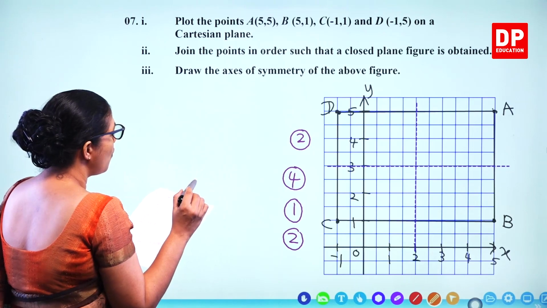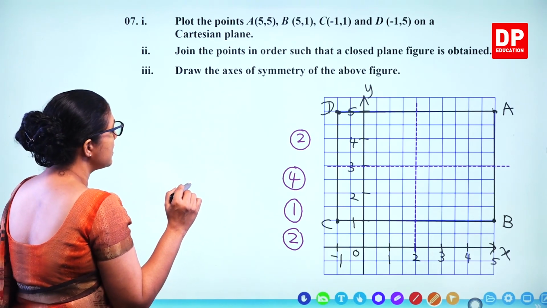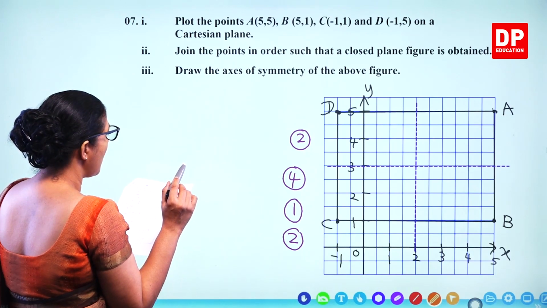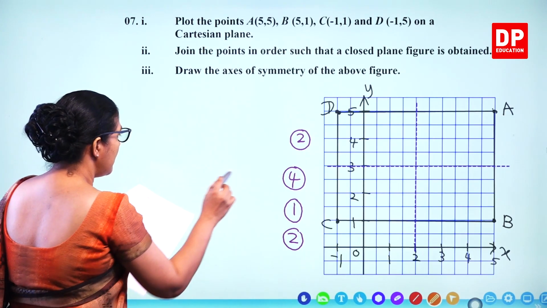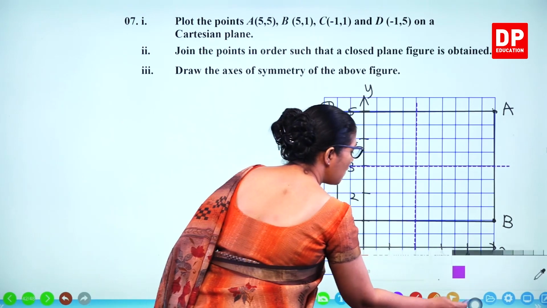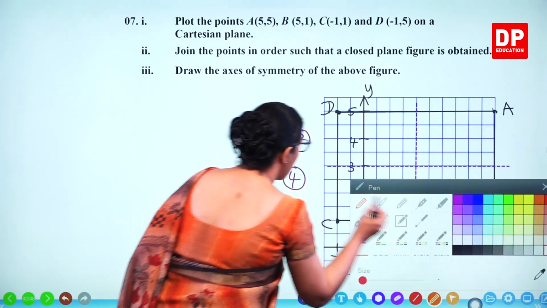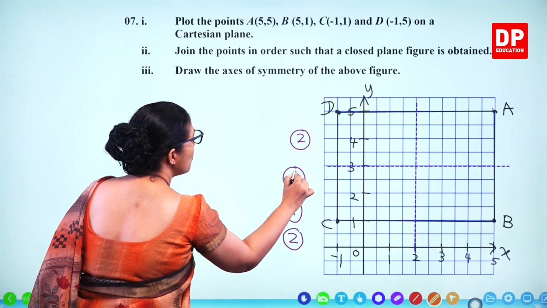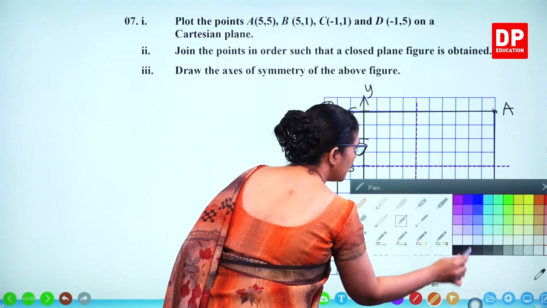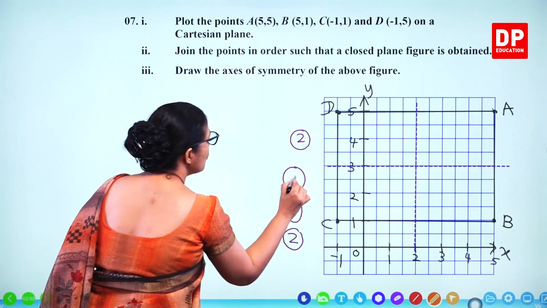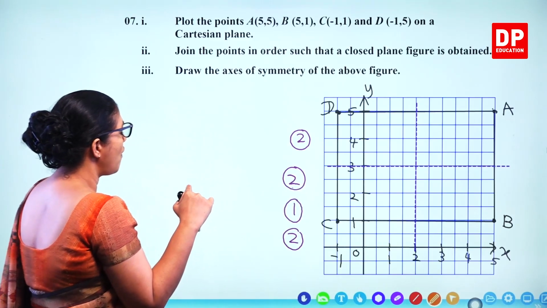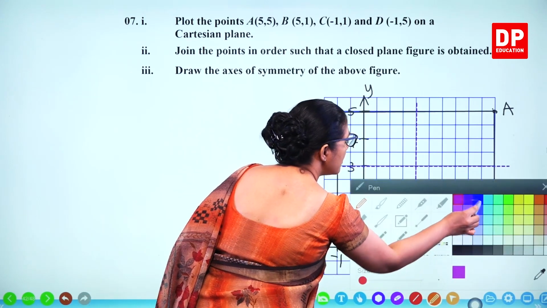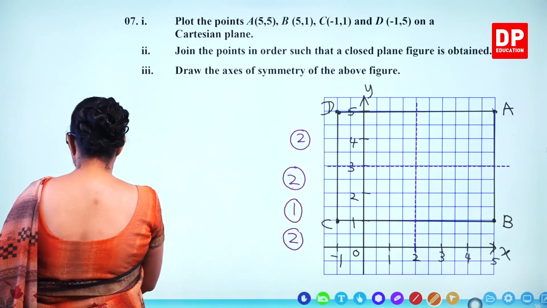So you get 4, 5, 6, 7, 8, 9. Now here we can give only 2 marks. We already gave 2 marks for the scale. So marking the points also 2 marks. 4, 5, 6, 7.